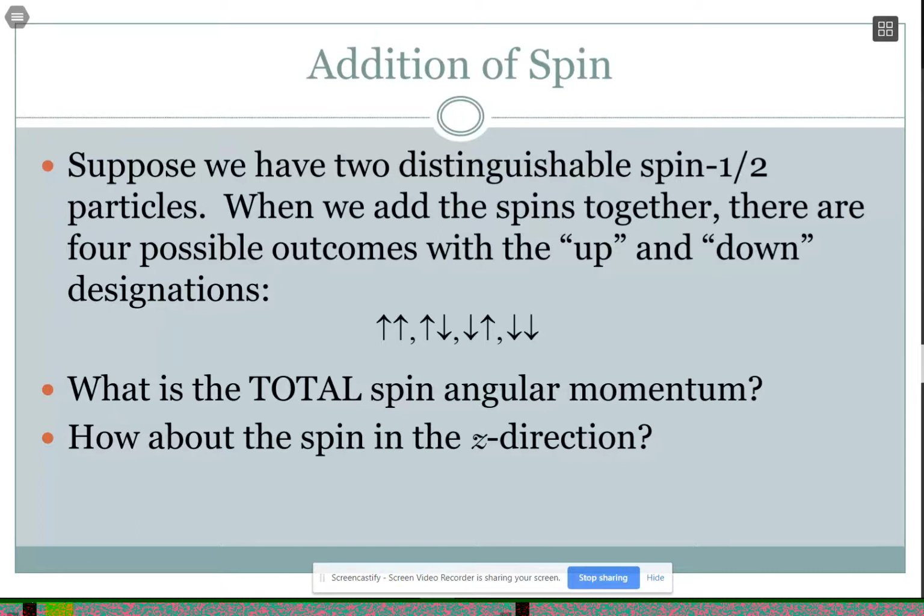But if we talk about the spins, what is my total spin going to be for this first picture? It's going to have a spin of 1. What's the total spin of the last one going to be?